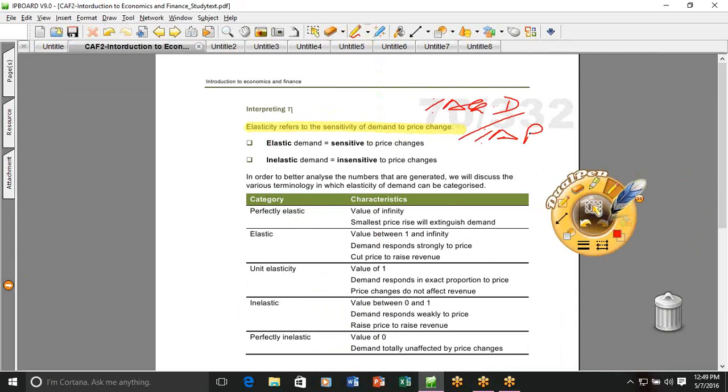So this is in fact the sensitivity of the demand change due to change in its price. तो price के change से जो demand में change आता है वो elasticity. और elastic demand भी हो सकता है और inelastic भी.